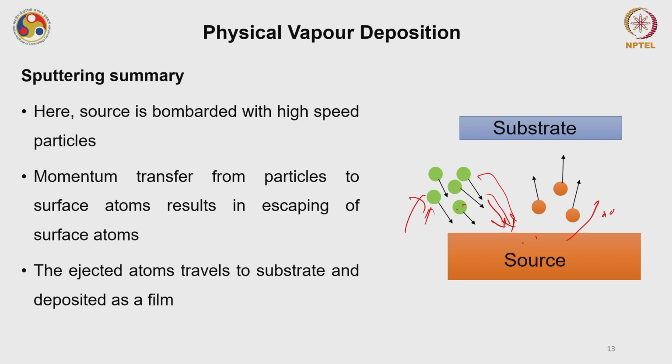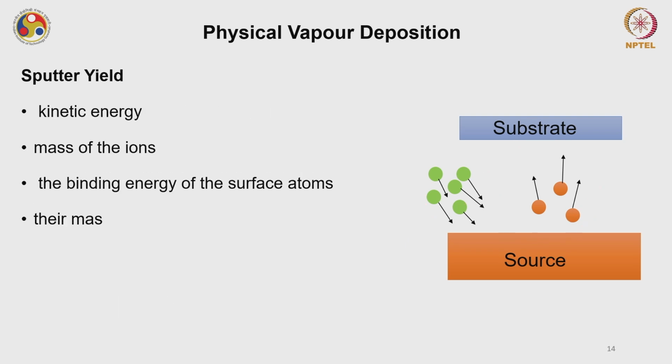Due to this momentum transfer from particle to the surface atom, the source atoms start escaping from the surface. The ejected atoms travel to the substrate and deposit over here as a thin film. So the process is as simple as this.